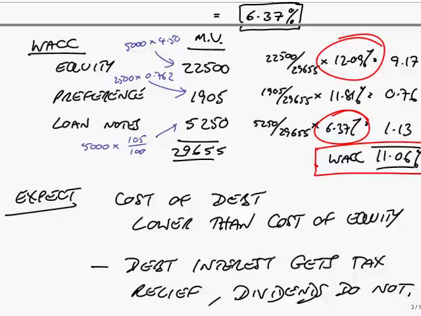I could raise equity. Okay, if you raise equity, it looks terribly expensive at 12. But of course, the opposite of what I just said. If you raise more ordinary shares, the level of gearing is lower. It makes it less risky for shareholders. And they might accept less than 12.